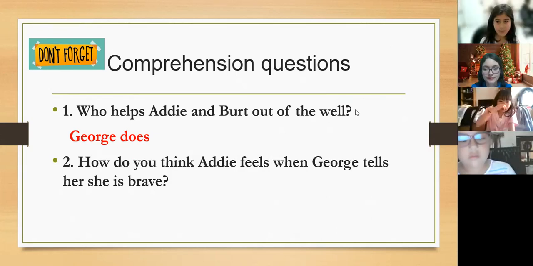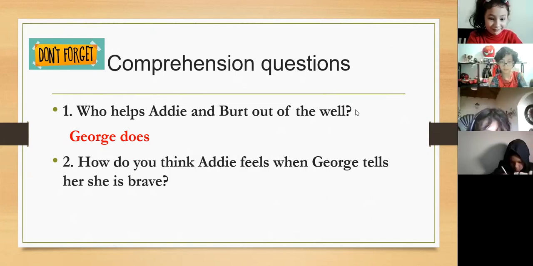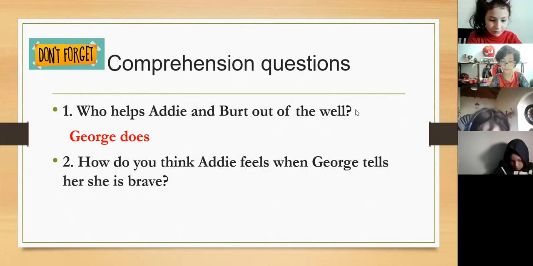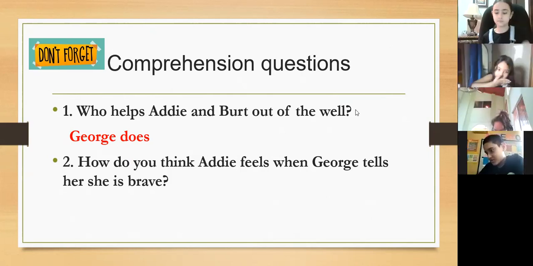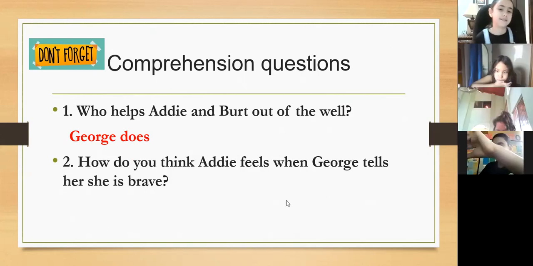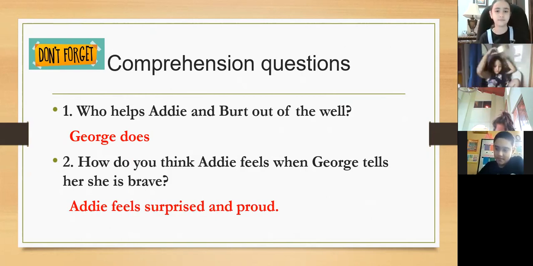She feels surprised. Proud. She's prouder. Yes. Remember that she's surprised. She feels proud because she didn't know that George thought this way about her.